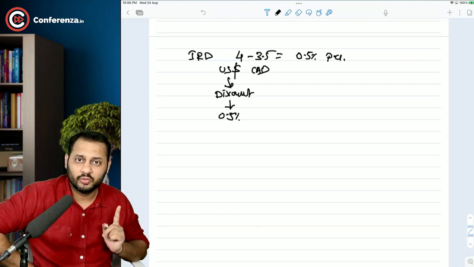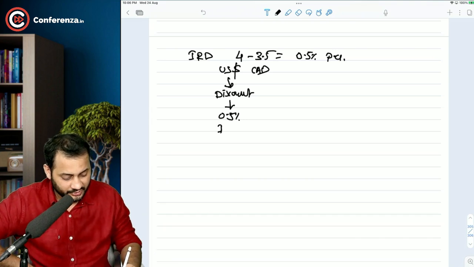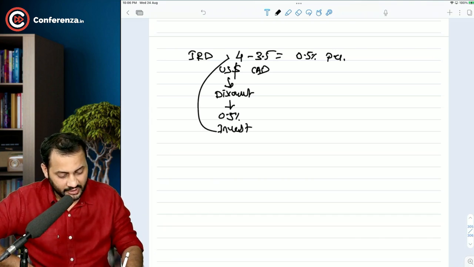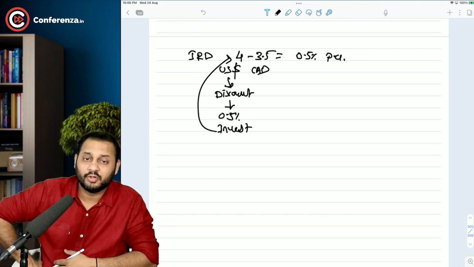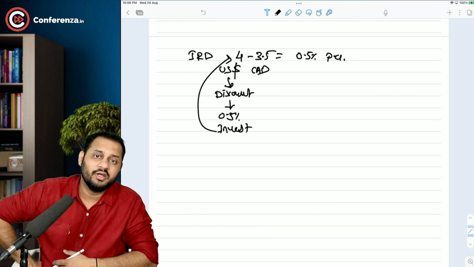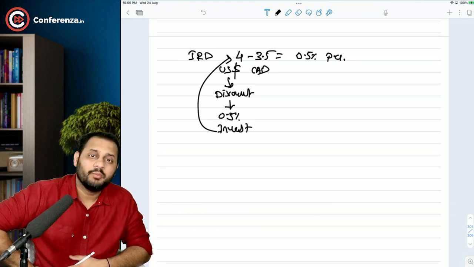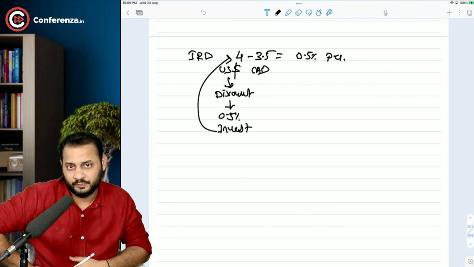Until the discount goes to 0.5%, we will invest at a high interest rate currency because the interest rate is high. But if the discount goes beyond 0.5%, we will borrow.